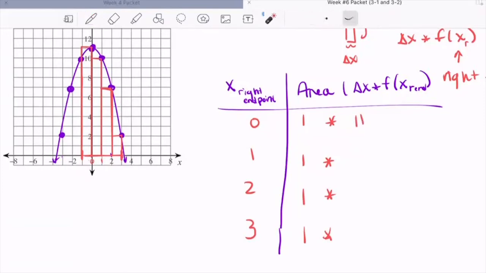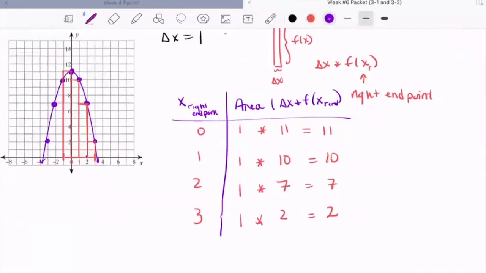The height of the next rectangle is 10. When we plugged in 2, we had an output of 7. So we should get 7 as the next height. And then finally, if we input 3, our output was 2. So the final height is 2. So the areas just become 11, 10, 7, and 2.